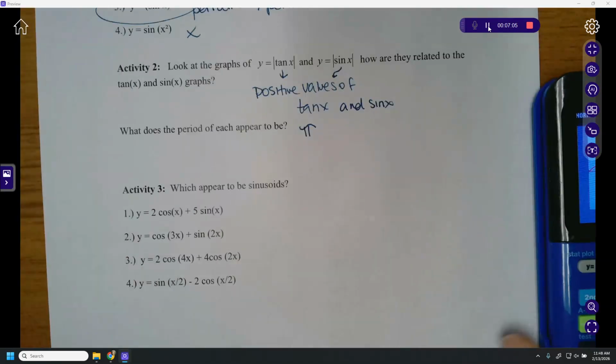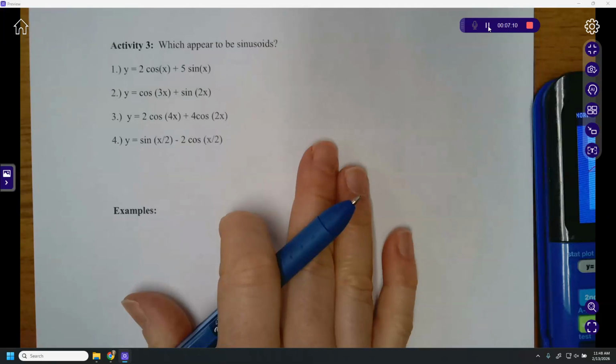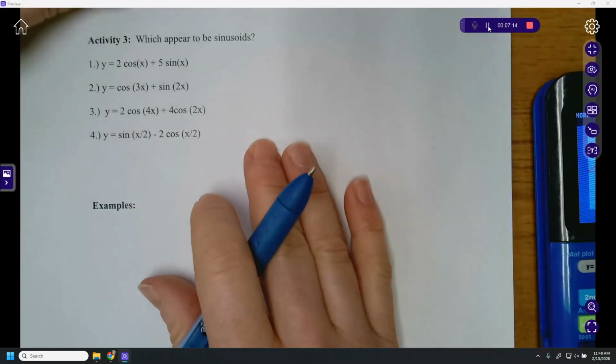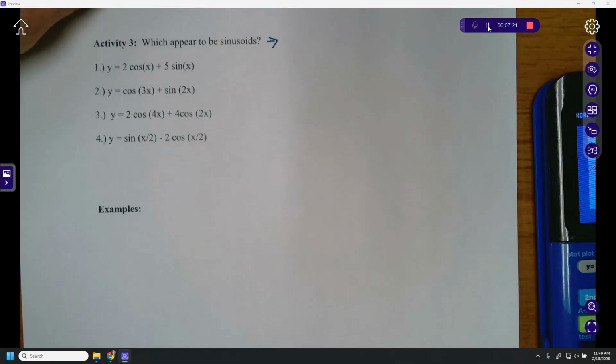Okay, finally, the last activity, I asked you which appeared to be sinusoids and why, and granted I'm not here, so then this gets a little more tricky, so I'm going to kind of lead you through this. First of all, you might have wondered what a sinusoid is. I've told you in class, that doesn't mean you remember.